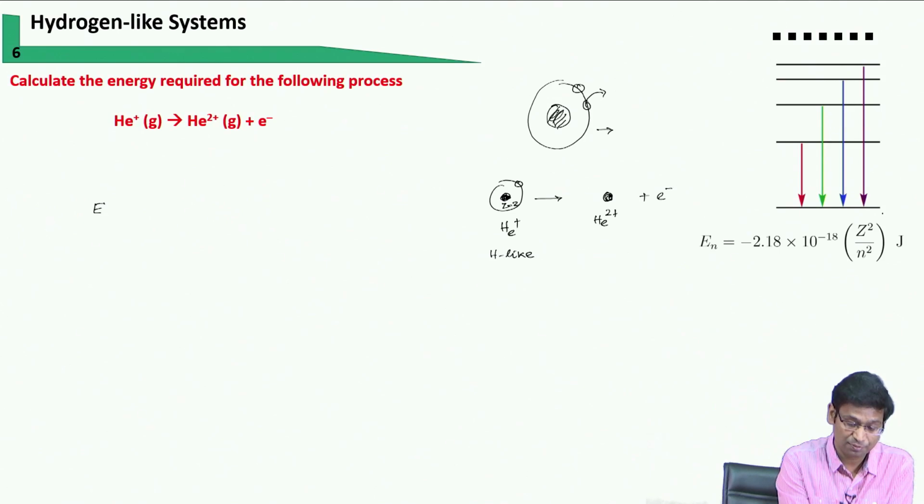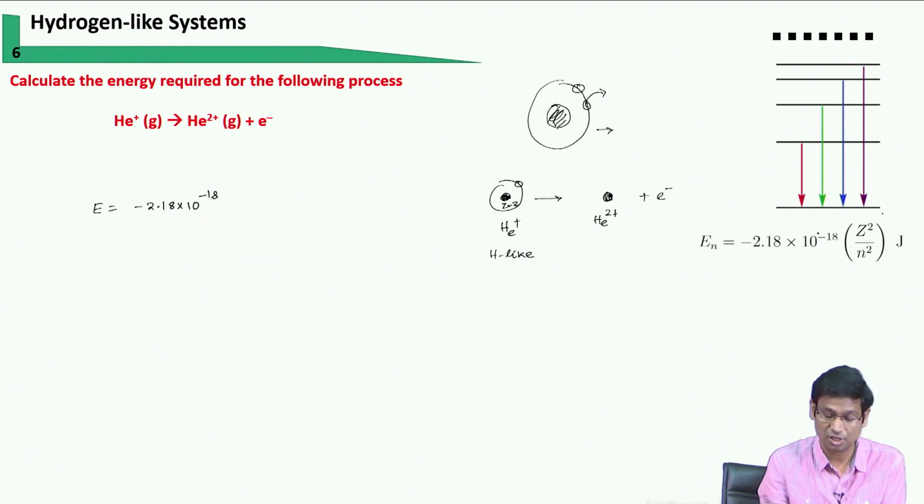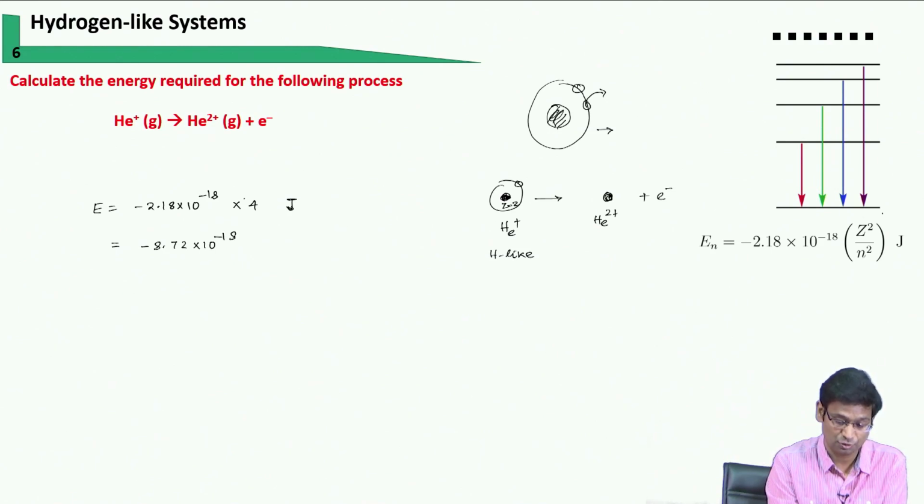This is He plus with Z equals 2. The energy of the starting state is given by this relation: minus 2.18 into 10 to the power minus 18, times Z squared, where Z is the nuclear charge, which is 2. So multiply it by 4, and n equals 1, since the system exists in the ground state. This is the energy of the reactant, which turns out to be minus 8.72 into 10 to the power minus 18 joules.